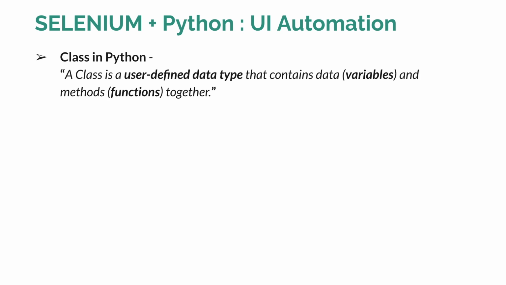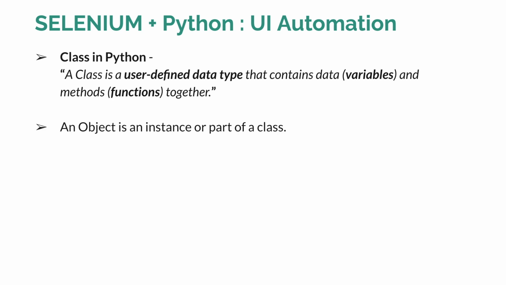Within a single class, you can have multiple variables and multiple methods in a single unit, and these variables and methods are associated with this particular class only. So a class is a combination of the data and the methods or functions which you can perform on that data.